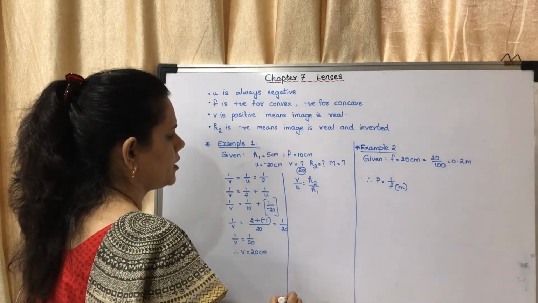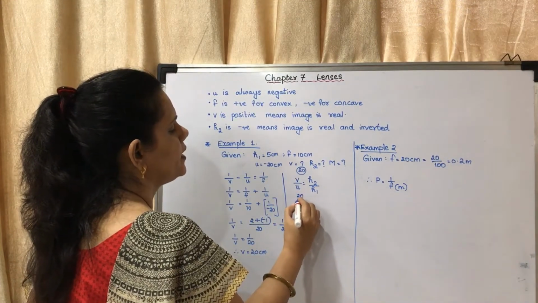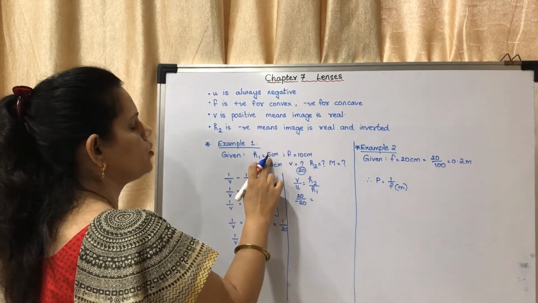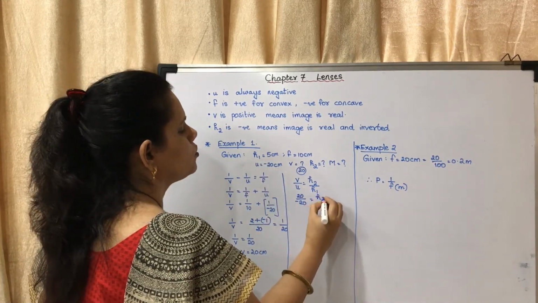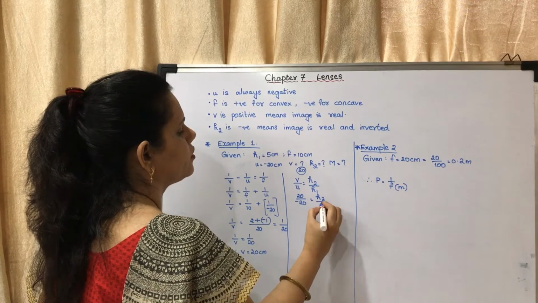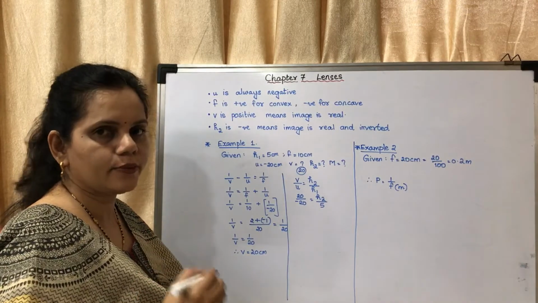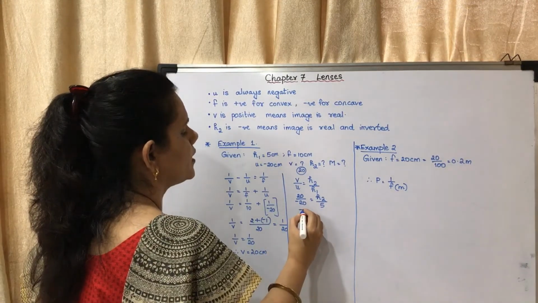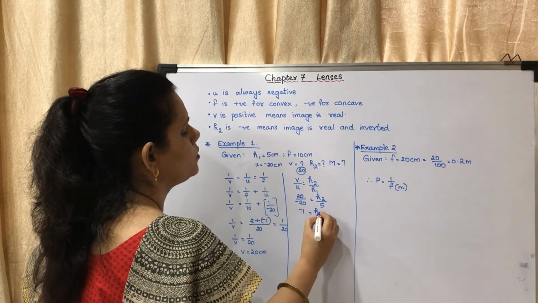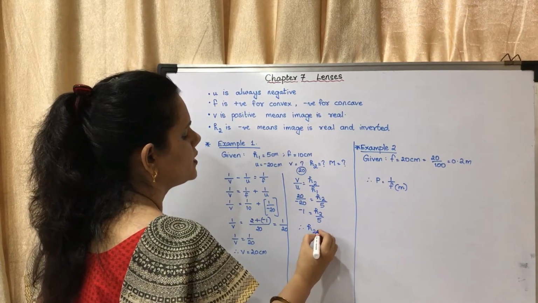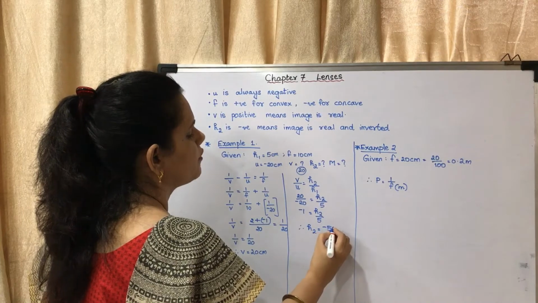V you have got as 20. 20 upon minus 20 is equal to H2 upon 5. Here minus minus and 20 will get cancelled. So you will get minus 1 is equal to H2 upon 5. Therefore H2 is equal to minus 5.